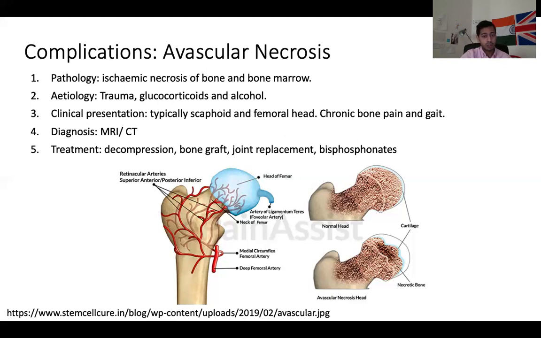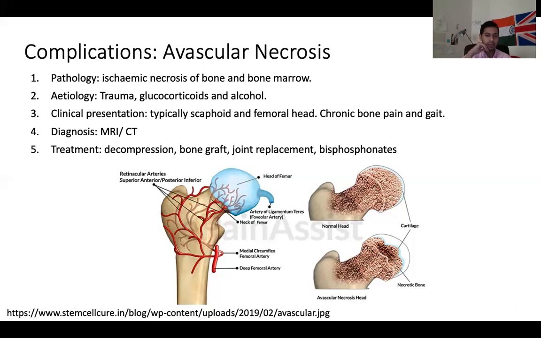Once again, glucocorticoids and alcohol can also be causes for avascular necrosis. In typical presentation, as I mentioned, these are the sites that are usually involved, and the patient would usually present with chronic bone pain.